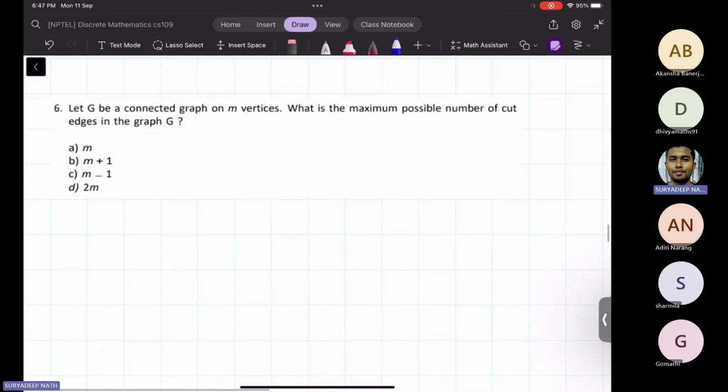Okay, come to question number 6. Let G be a connected graph on M vertices. What is the maximum possible number of cut edges in the graph G? So what is the definition of a cut edge? I will give you an example of what a cut edge is.